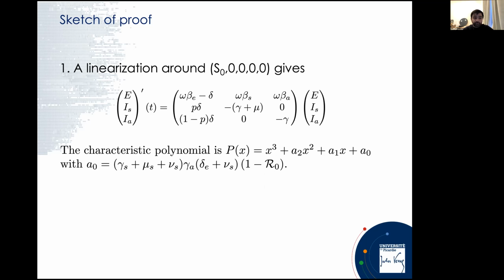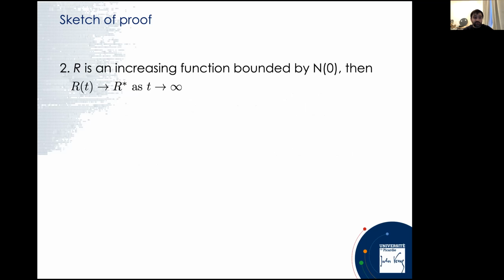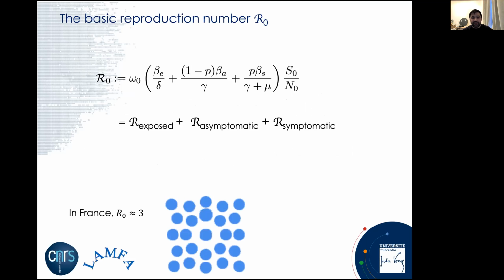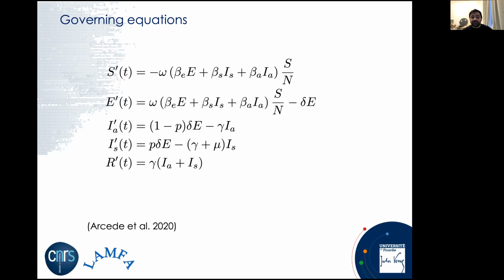For the second result, it is the same, not complicated if you do it well. What I mean by doing it well is that if you start with this equation, it will be complicated. But if you start with the last one, it's quite easy.